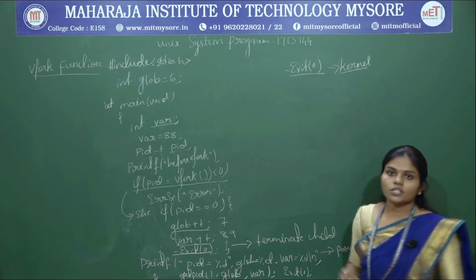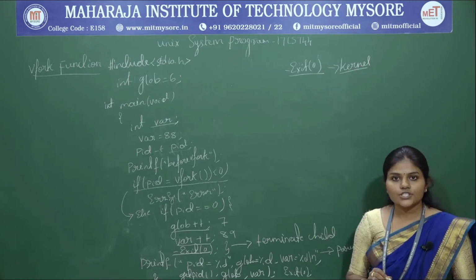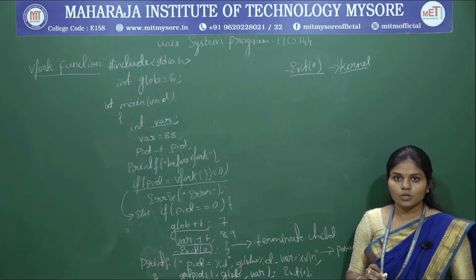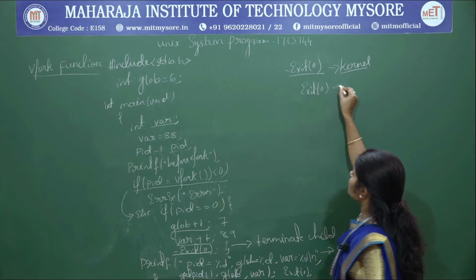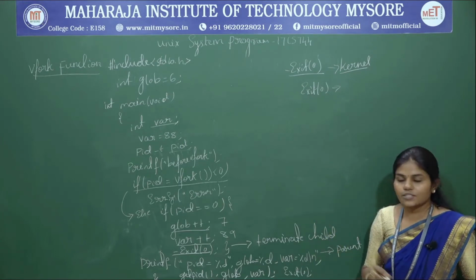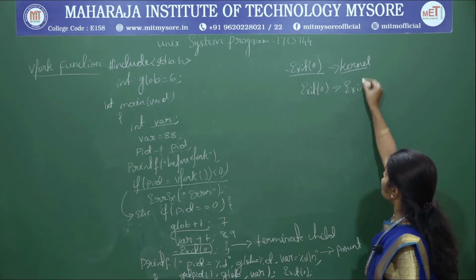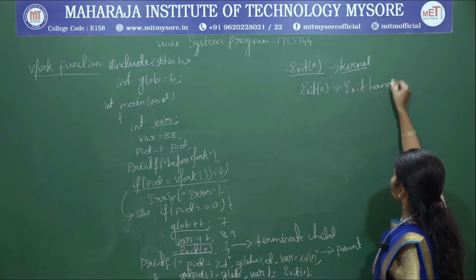So it is not going to flush the standard input output buffer. But in the case of the exit function, what is it going to do? It is going to execute the exit handler functions. We already studied this.